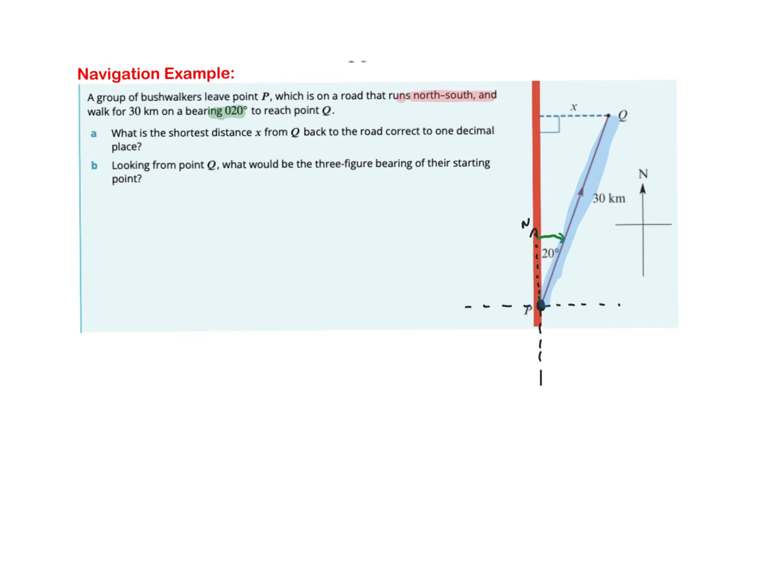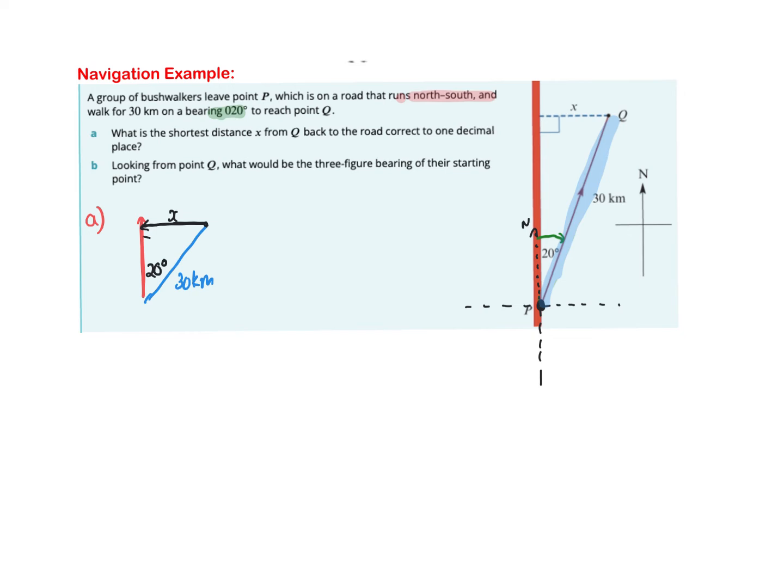So let's do part A. We've got the red road along here. They walked out for 30 kilometres, and we also know that the angle they walked out on was 20 degrees from north, which was this red line. Now, if they were going to go directly back to that red road, they want to know what X is.